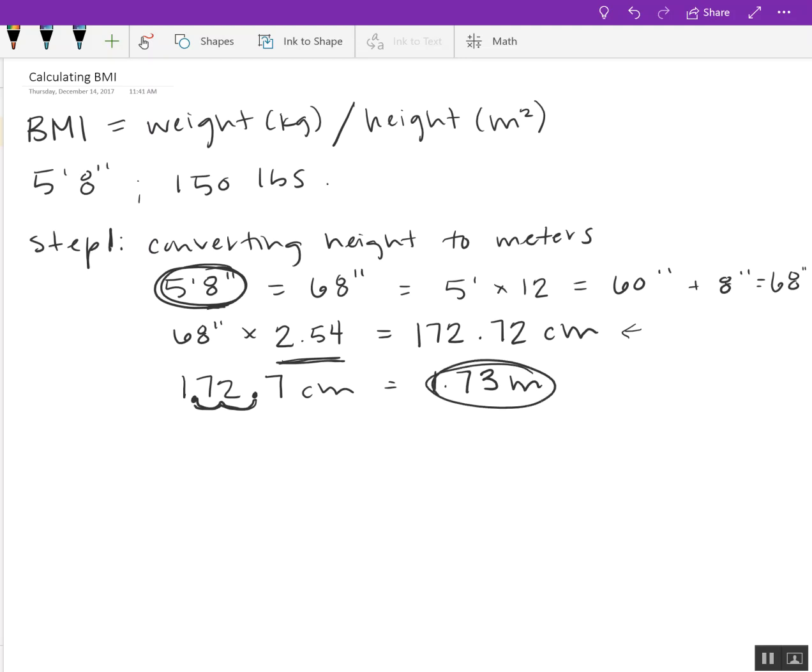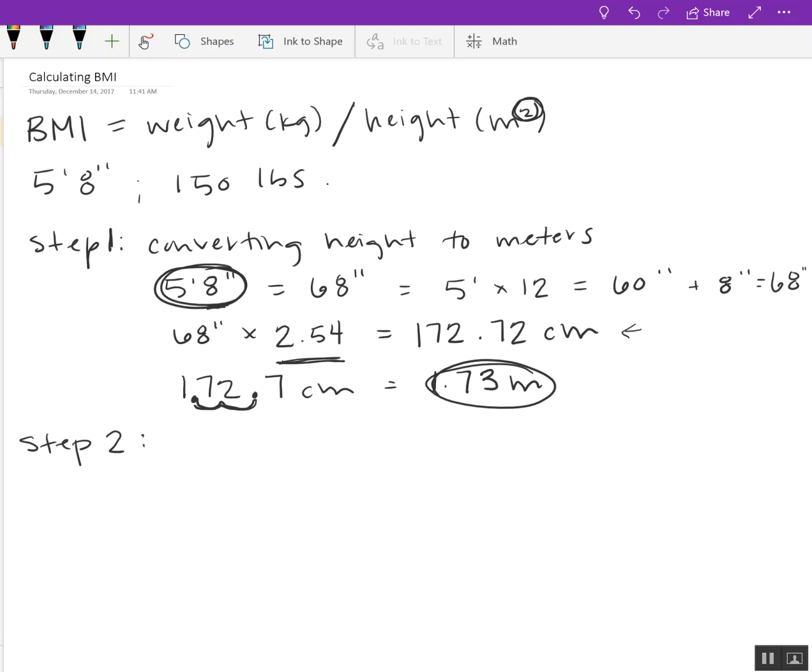The only other thing we need to do now is remember, if we go back up to the top, this is a common mistake that people make: they forget to square this number. We want meters squared. I don't know if we want to call that step 2, because technically we're not converting anymore.